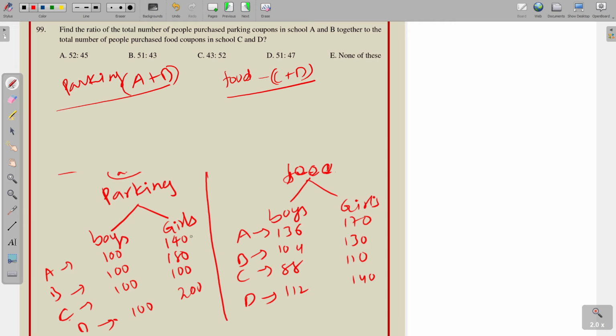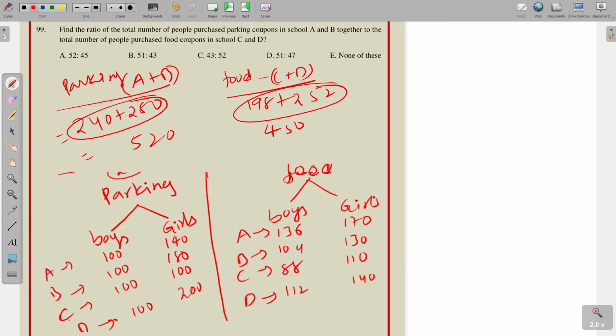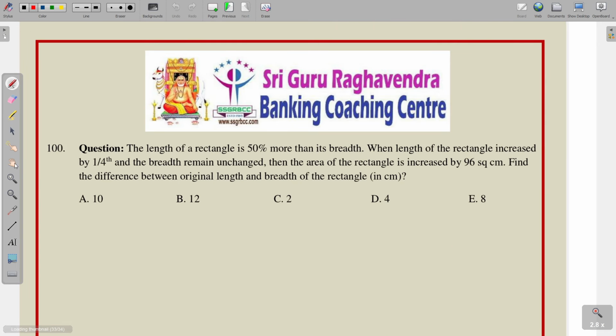Parking A, that is 240, parking B, that is 280, 240 plus 280, now it is 520, and food C is 198 plus food D 252, total is 450. These two ratio 52:45. This is the answer for this question.